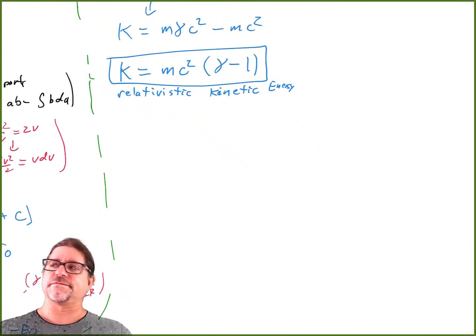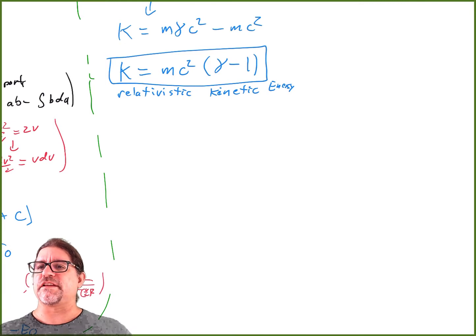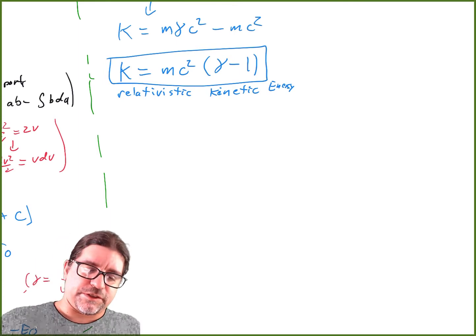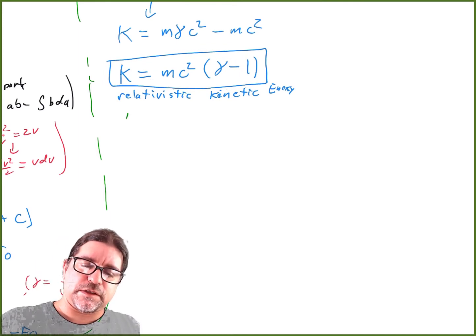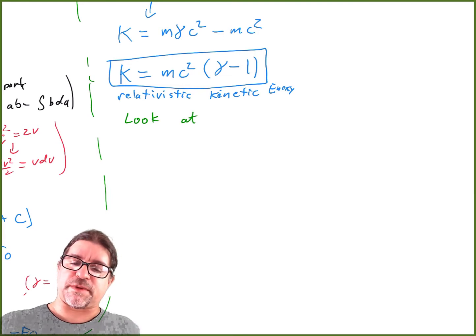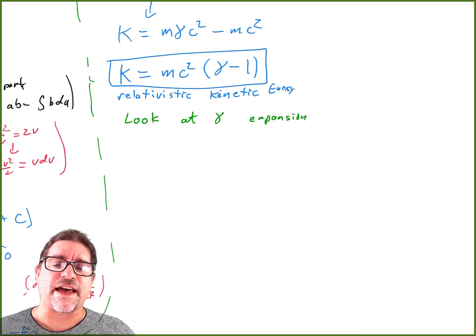Well, let's unpack a little more of this whole situation. Just for interest's sake, let's look at the Taylor expansion of gamma, and you'll see why. This doesn't look at all like a half mv squared, right?